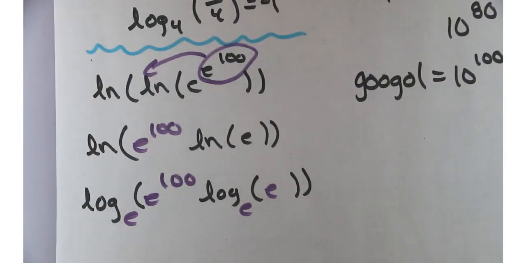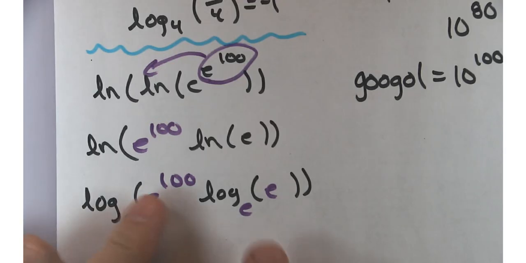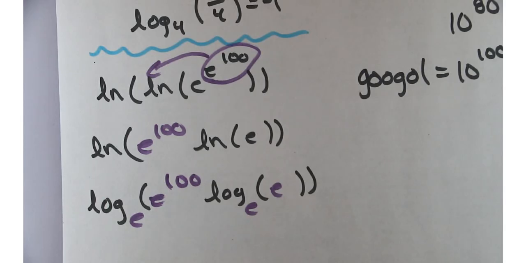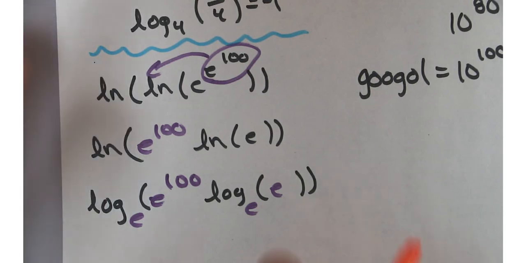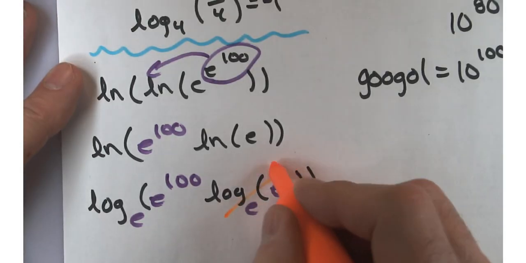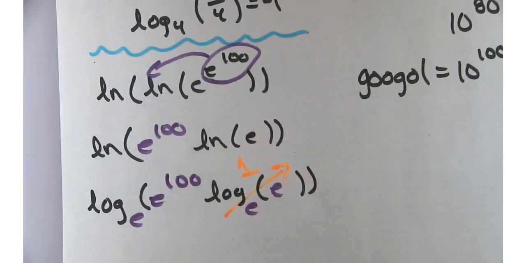Jaden? How is this going to simplify? What power of e gives me e? Yeah. This is just a 1. Yay.